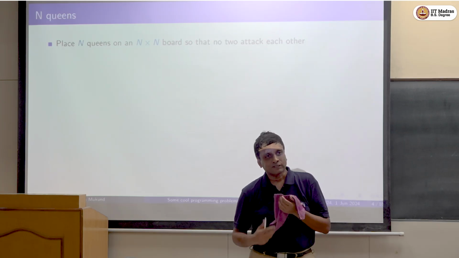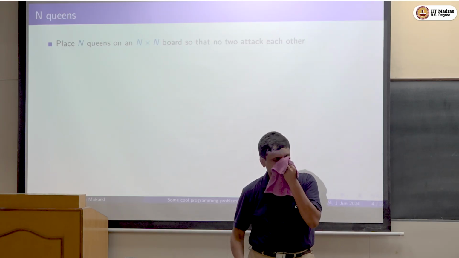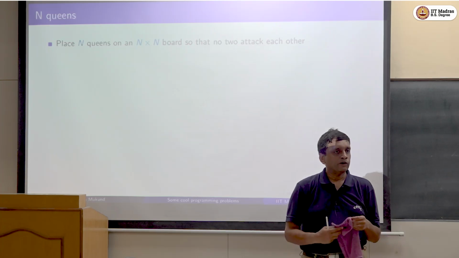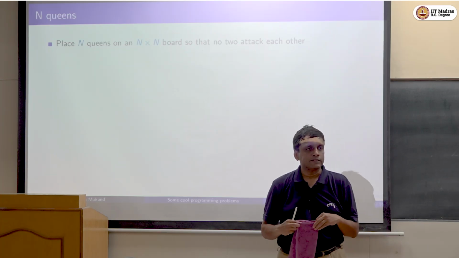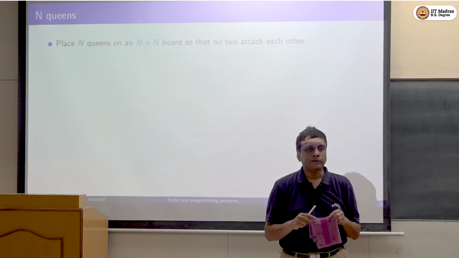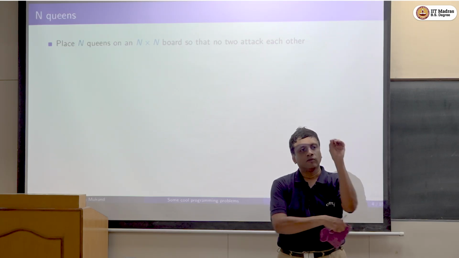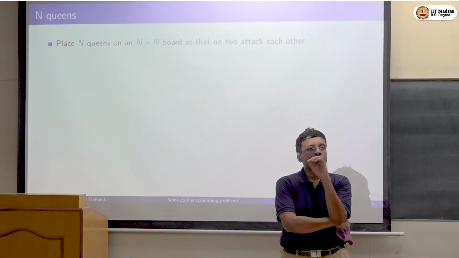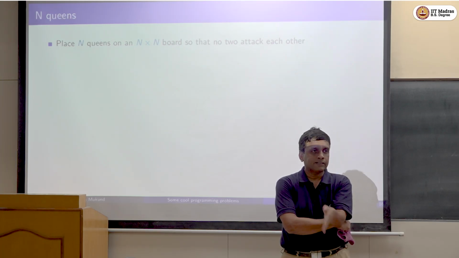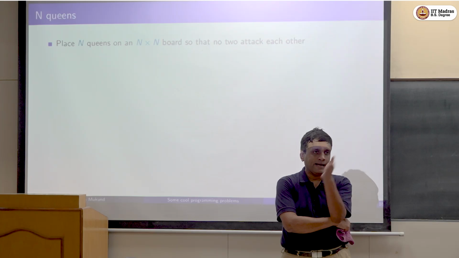Okay. So chess has various pieces, but you play it on an 8x8 grid. And one of the most powerful pieces on the chessboard is the queen. The queen has a property that it can travel in one move as many steps as you want in either vertical direction, horizontal direction, or diagonally in either way.